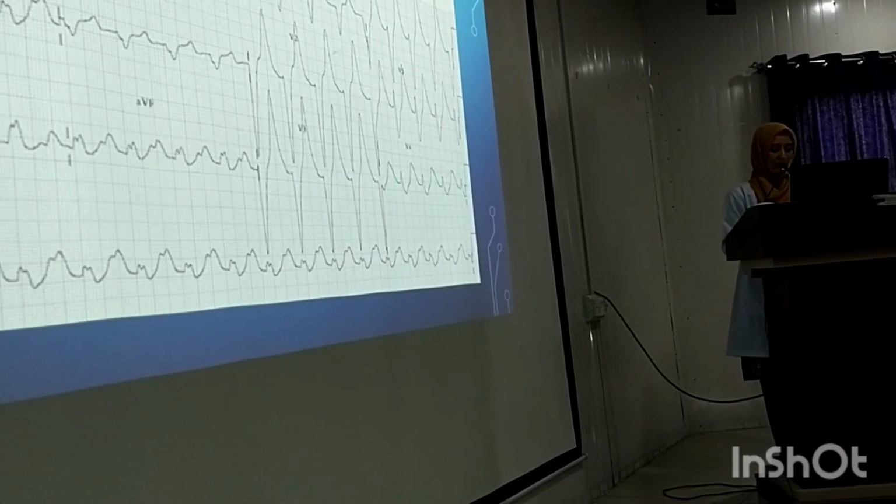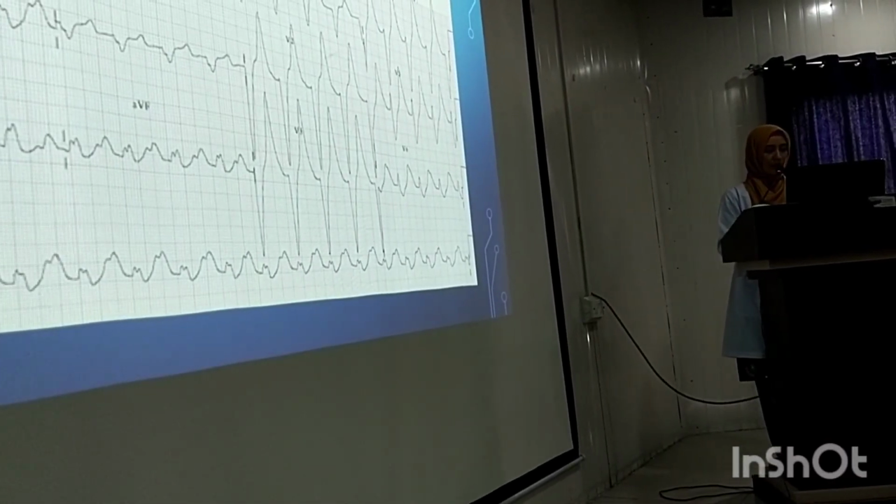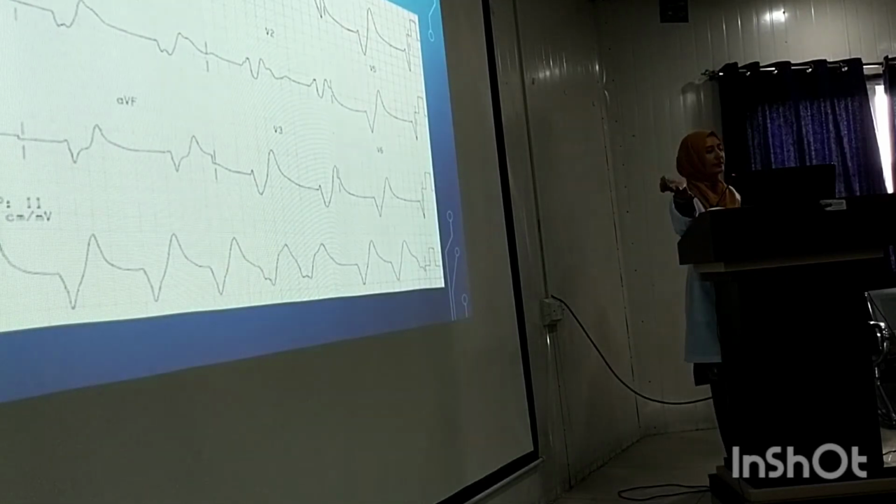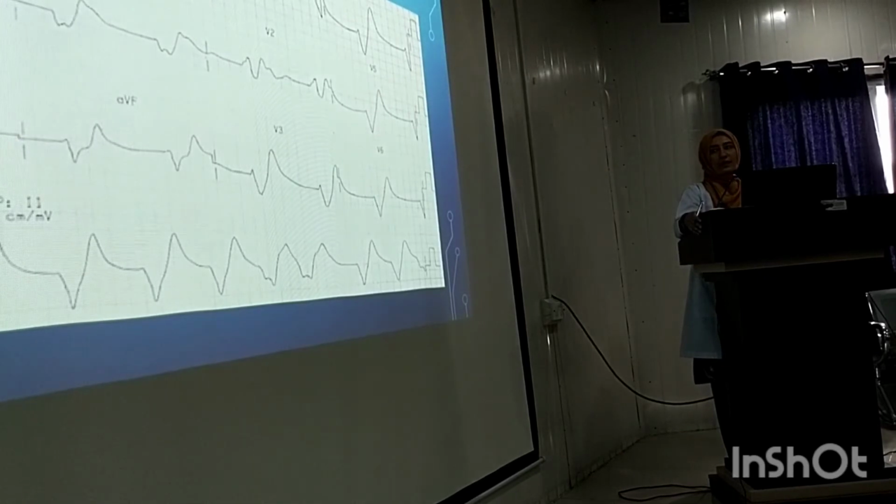These are the stages of hyperkalemia. If the hyperkalemia is getting worse, you will get a sine wave. So this is how a sine wave looks like. The QRS complex is getting broad. I hope some of you have come across ECGs like this.